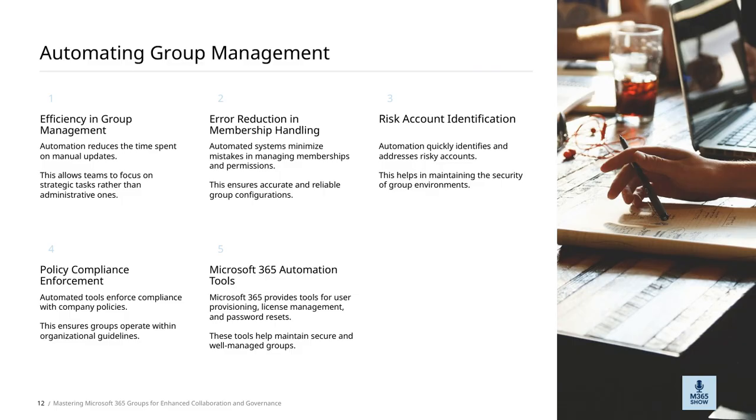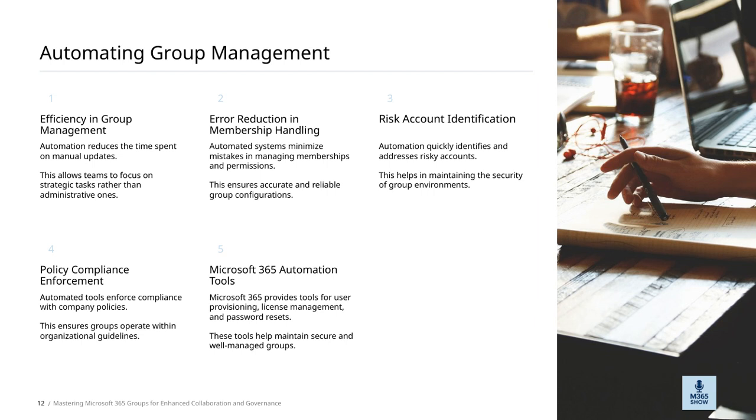This means that our groups are always operating within the organizational guidelines we've set, reducing the risk of errors or policy breaches. It also helps us quickly identify and address risky accounts, which is crucial for maintaining the security of our group environments. Another important benefit of automation is that it minimizes mistakes when managing memberships and permissions. Automated systems ensure that group configurations are accurate and reliable, saving us from potential missteps.